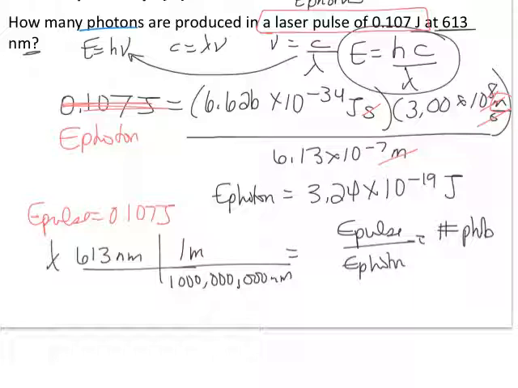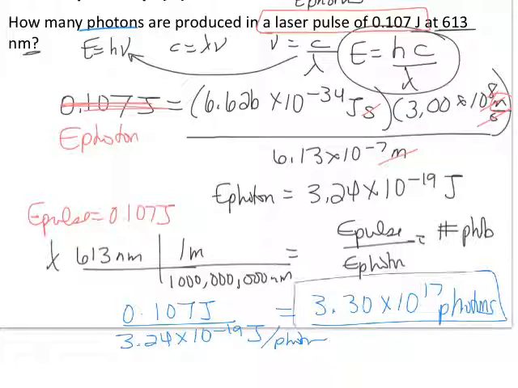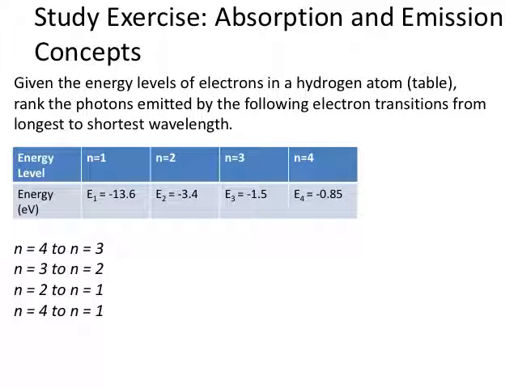So let's do that. We take 0.107 joules, we divide it by 3.24 times 10 to the negative 19 joules per photon, and this gives us 3.30 times 10 to the 17 photons. This is problem 7-6.